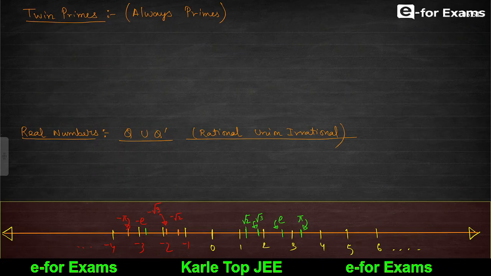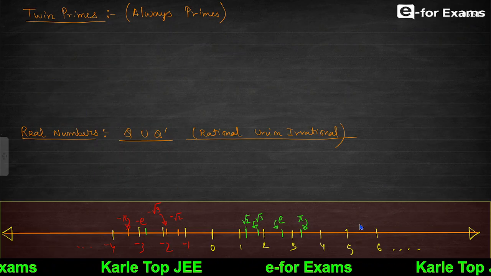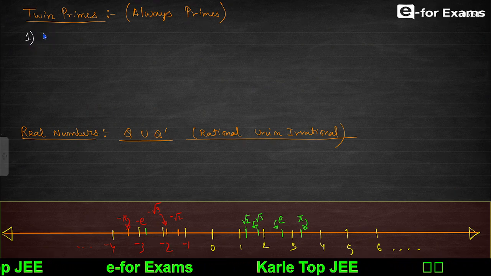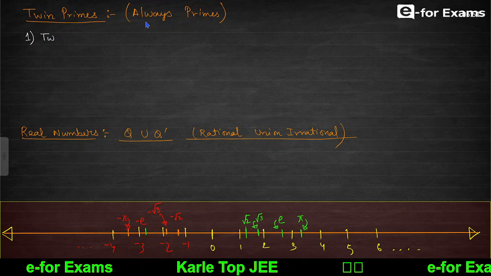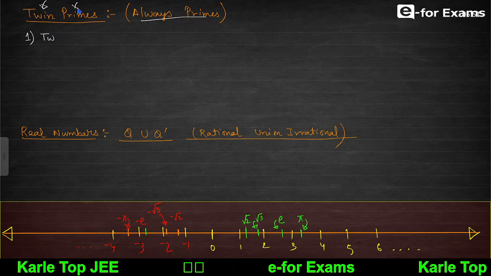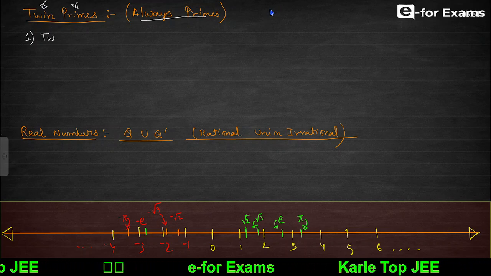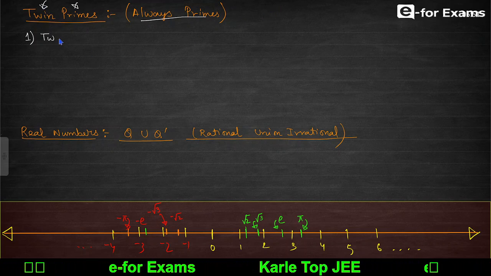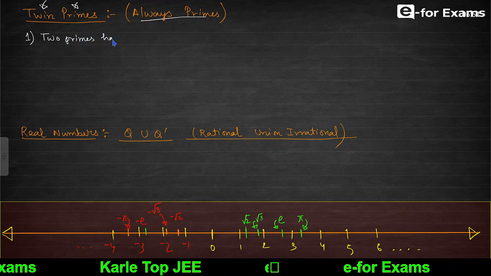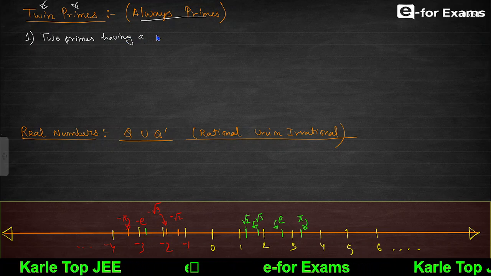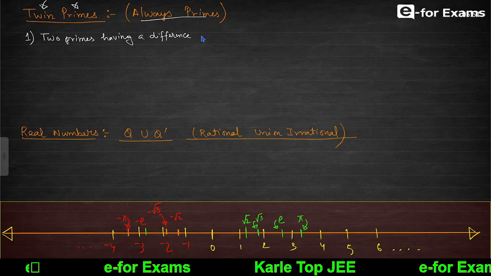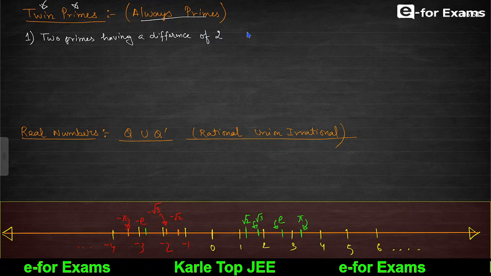Next, twin primes. Number 1, write down number 1. Twin primes are always prime. Here we said twin primes. The word prime itself is there, right? Twins. 2 primes, twins. That must be twins. 2 primes having a difference of 2.